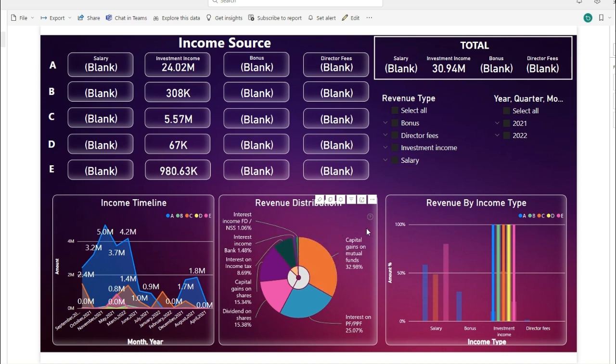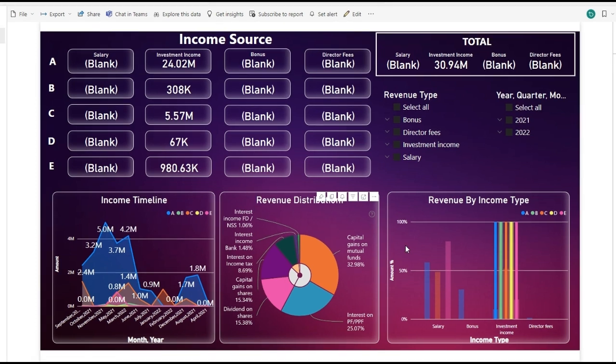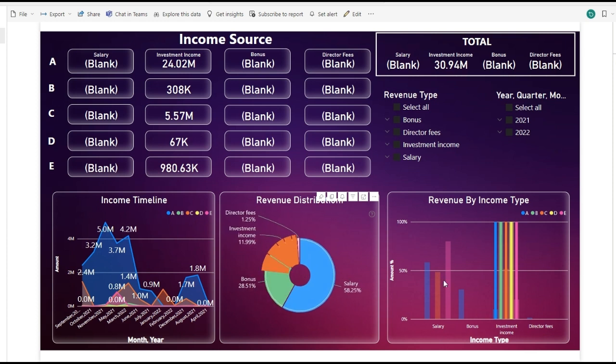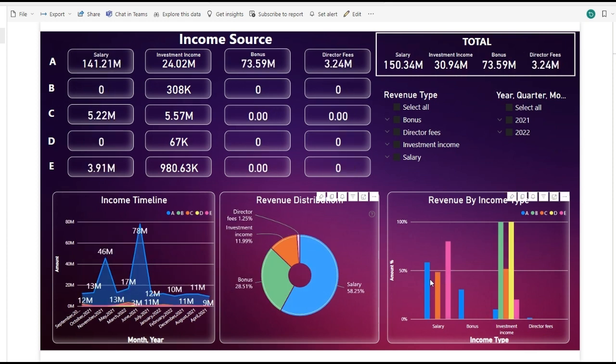Now coming to the chart of revenue by income type. This chart will help you to understand the percentage of income generated by the people according to various categories. For example, in the salary part, A has got 58.34 percent of his total income as salary.